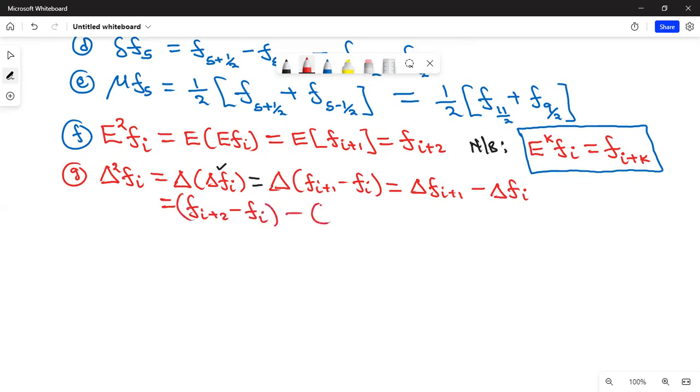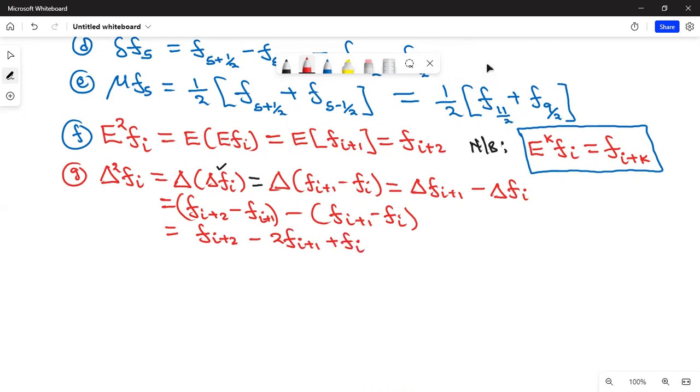Then minus forward difference of Fi, which is F of I plus 1 minus Fi, next minus current. So if I open the bracket, this is Fi plus 2 minus 2 Fi plus 1 plus Fi.